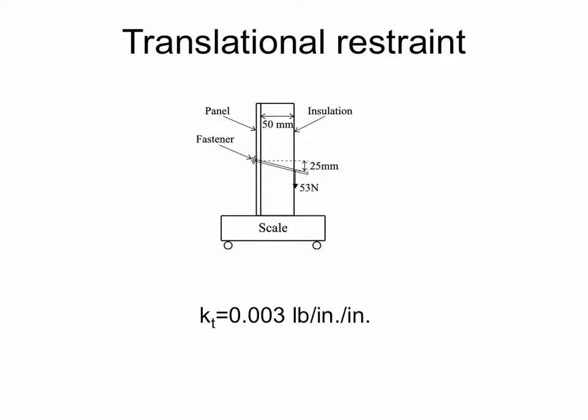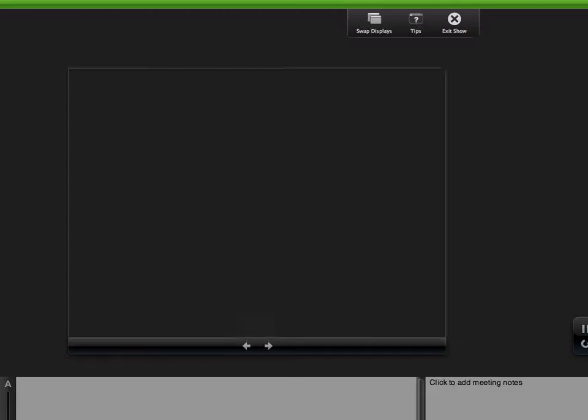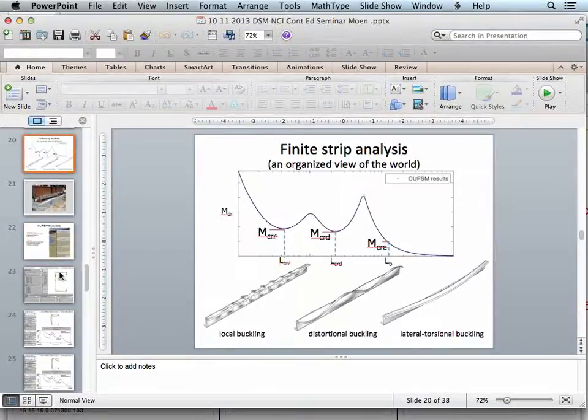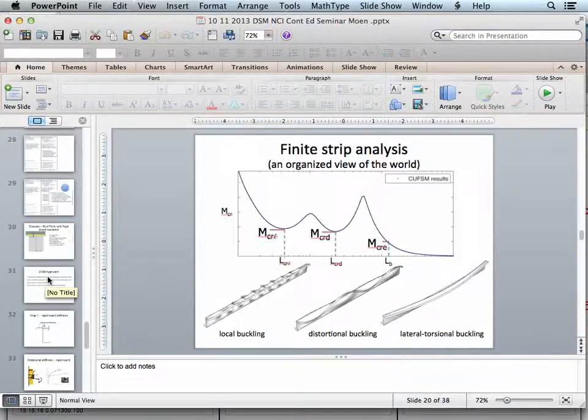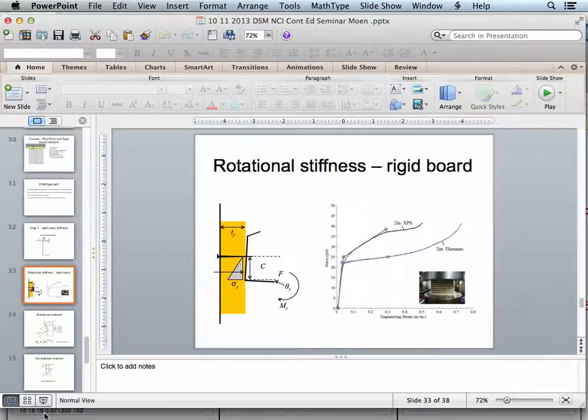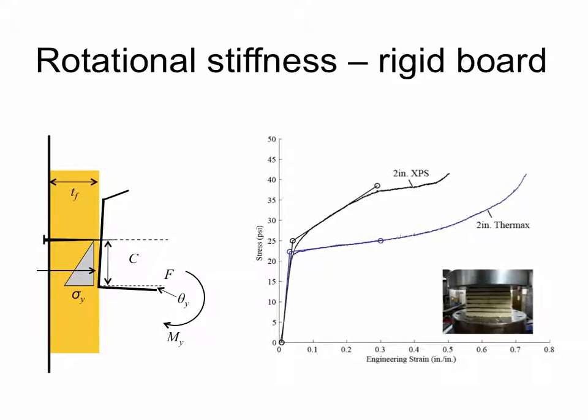Okay, so this is another quiz here. Let me see here. There it is. So what's the yield stress of the foam? This is XPS. This is Thermax. What do you want to use? 22.